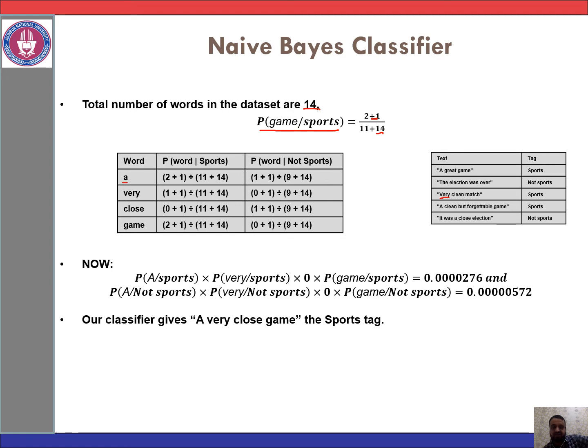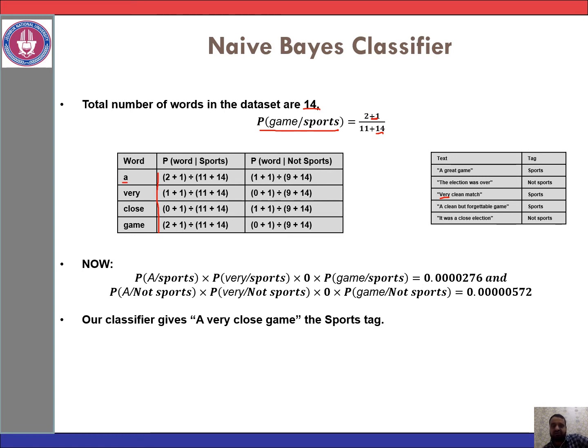Similarly, close is nowhere in our training data set, so 0 plus the smoothing factor divided by 11 plus 14, and game is repeated two times as we already discussed above, so 2 plus 1 divided by 11 plus 14. So these are the probabilities of the words given that the tag is sports.